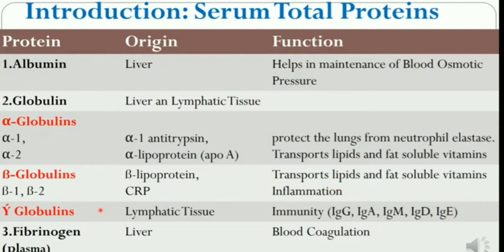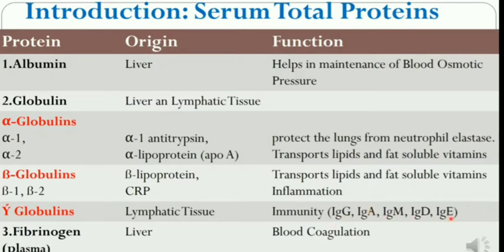The gamma globulins, which are synthesized in the lymphatic tissue, the only fraction that is not synthesized in the liver, comprises of 5 types of antibodies known as immunoglobulins G, A, M, D and E.